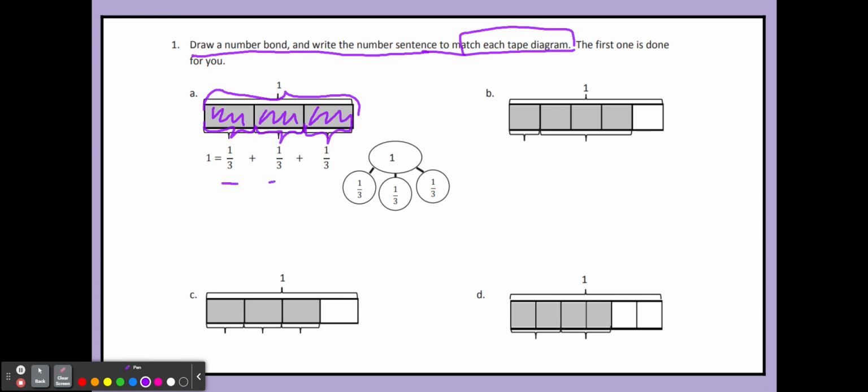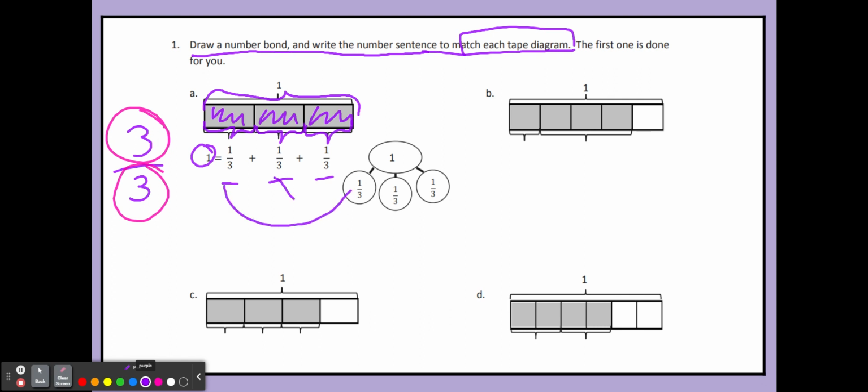So it's 1/3 plus 1/3 plus 1/3 would equal 1, or if we add them together, 3/3. When the numerator and the denominator are equal numbers, that means that it is equal to 1. And in the number bond, it's the same thing. 1/3 there, 1/3 there, and 1/3 there, and all together they equal 1.